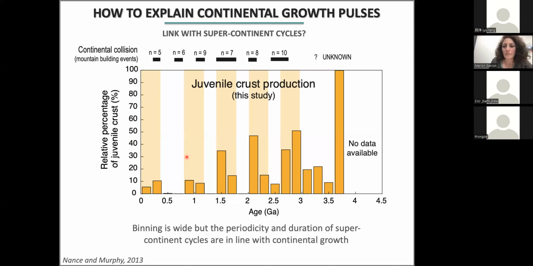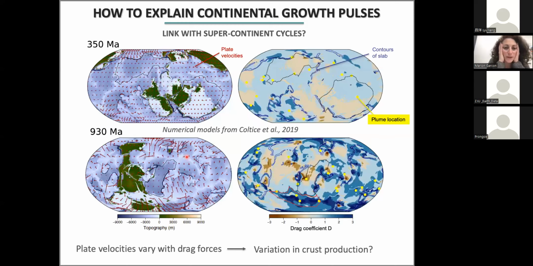And I like to show this study from Coltice et al., where they build numerical models to try to explain the supercontinent cycles. What they found is that when they do not force the model to anything, the speed of plate tectonics pretty much varies naturally through the supercontinent cycles.